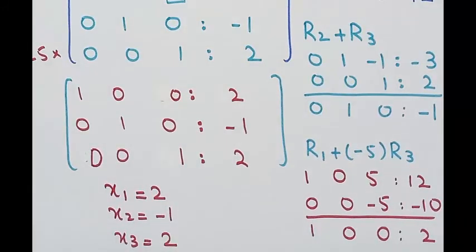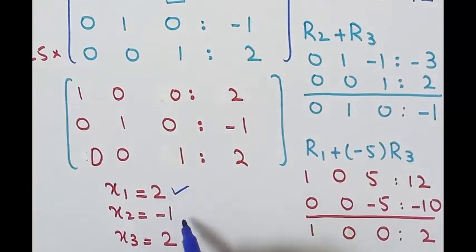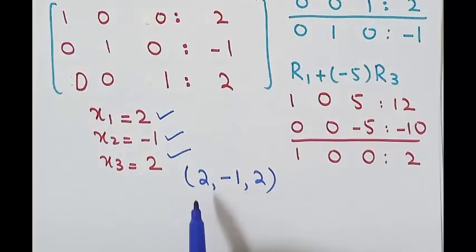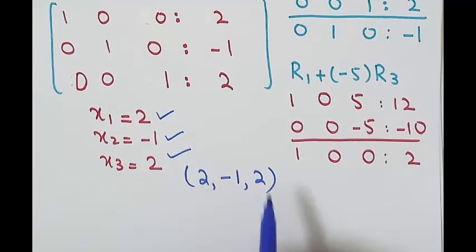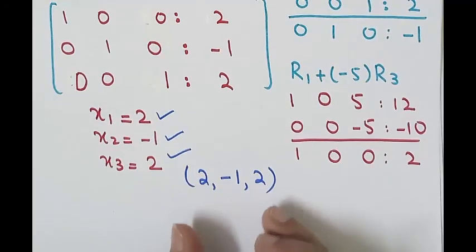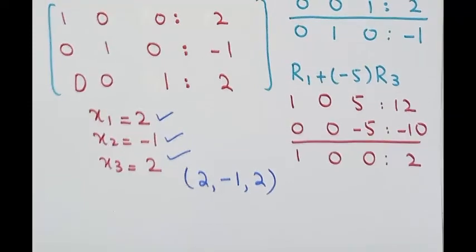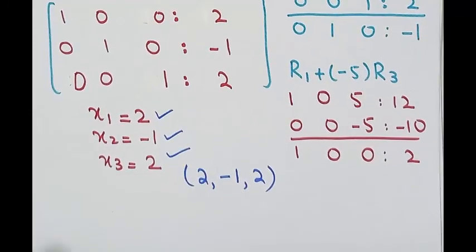So we have got the direct solution x1, x2 and x3. So the solution set is 2, minus 1 and 2, which is the same as what we got when we solved the matrix using Gauss elimination method. So this is how we find the solution of a non-homogeneous linear equation using Gauss-Jordan and Gauss elimination method.